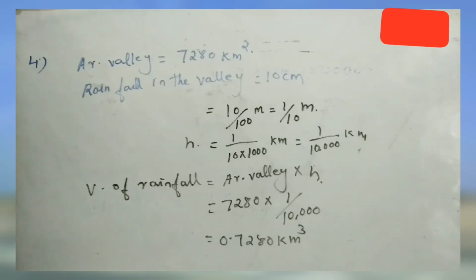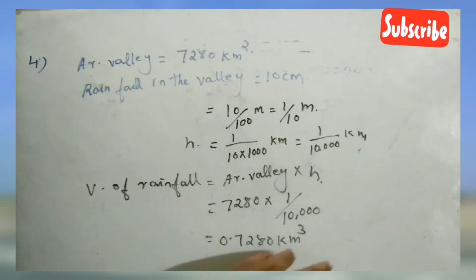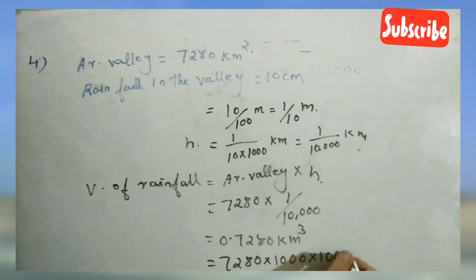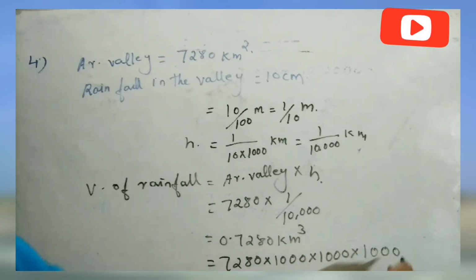But the normal water in that 3 rivers is equal to 7236,000 meter cube. In equation number 1, the unit is meter, and now we got the information in kilometer cube. So I'm going to convert this kilometer into meter. Here we have kilometer cube, so 3 times we need to multiply this value with 1000. That is 0.7280 into 1000 into 1000 into 1000.